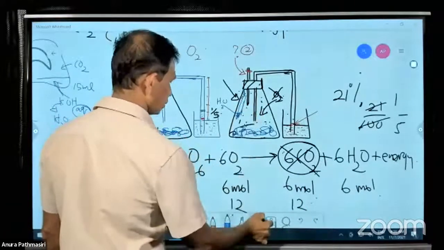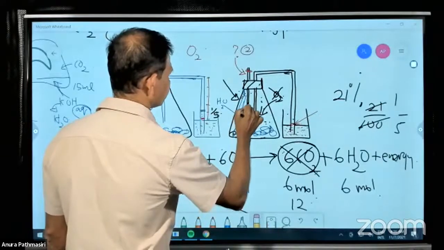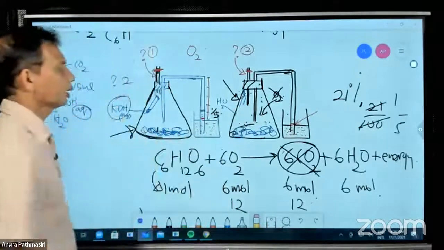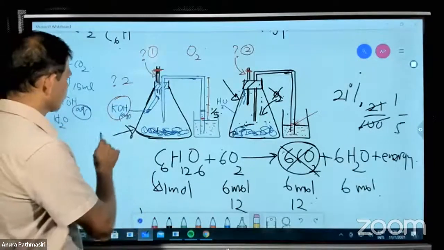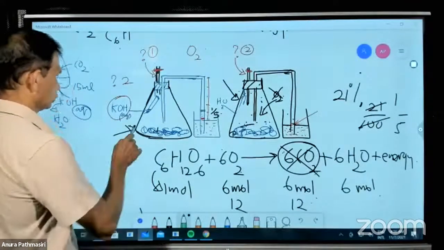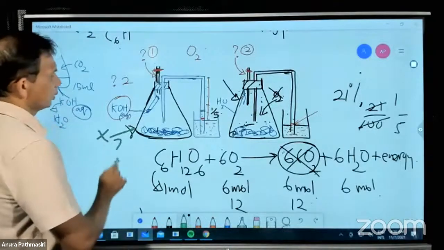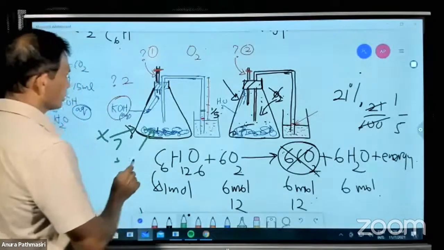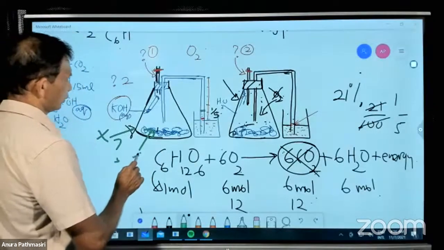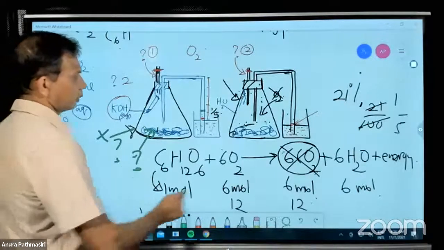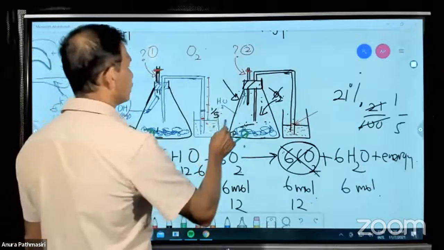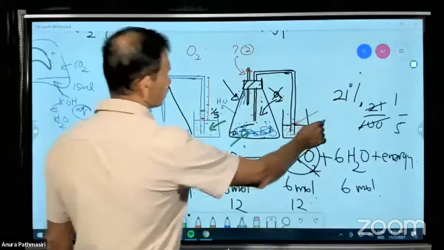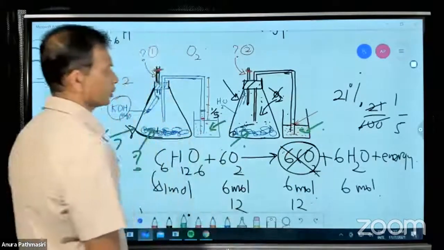This one is not available. So I can have the questions from here. What is this instrument? What are these things? And what are these things? Why is colored water used?